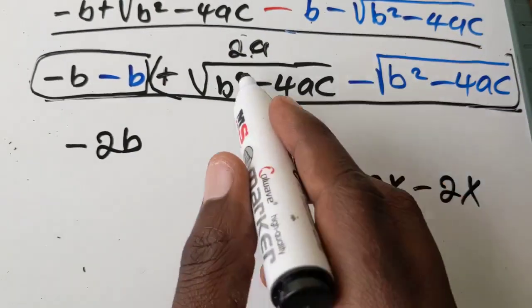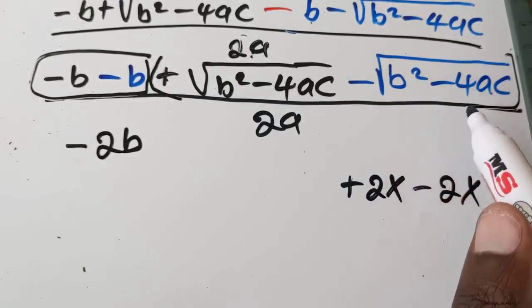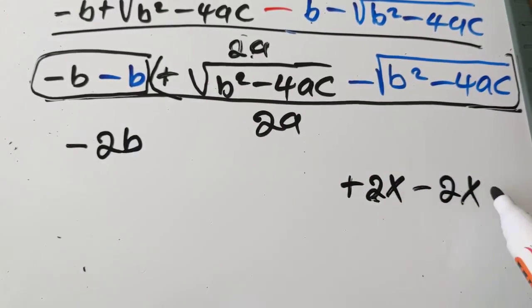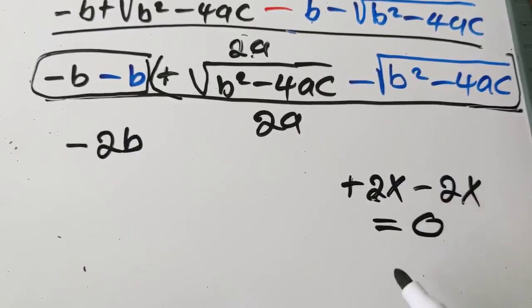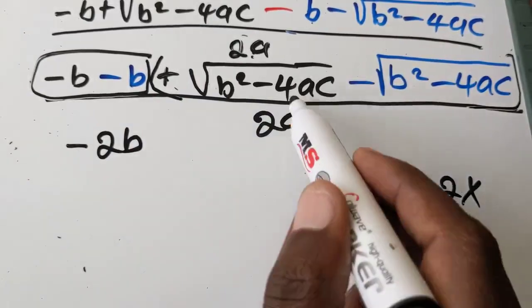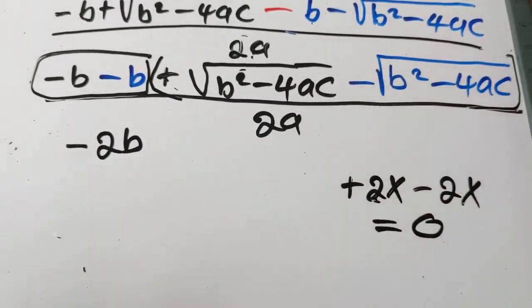These are just the same. What is the answer? The answer is 0. Meaning that the same way this can give us 0, this can give us 0.